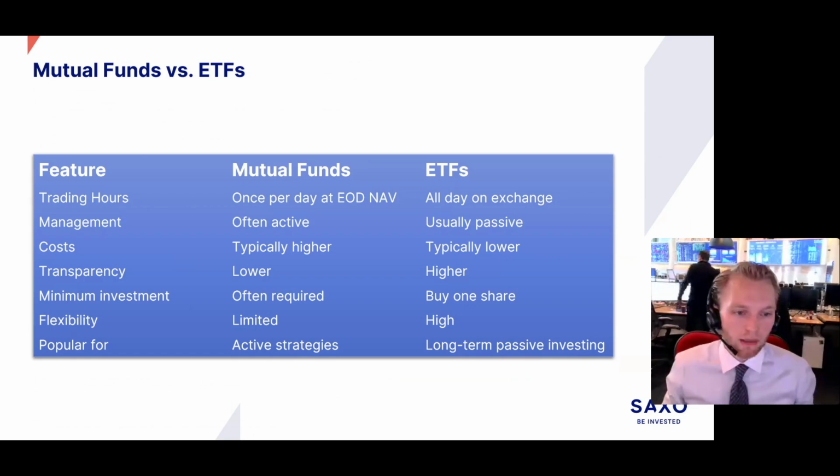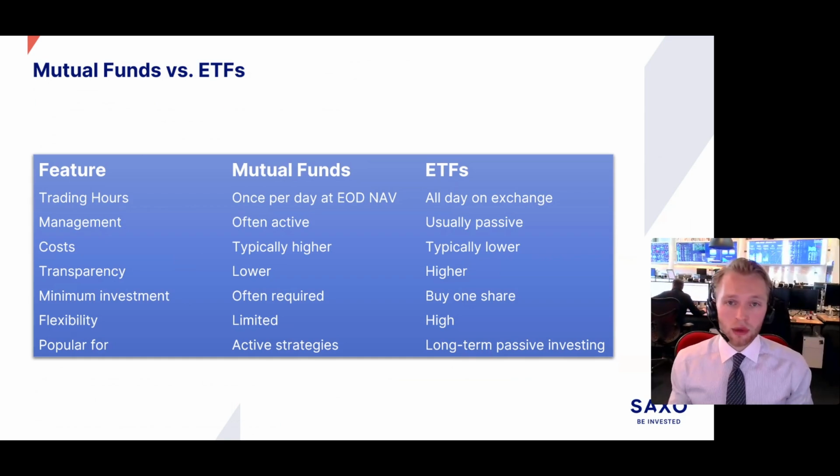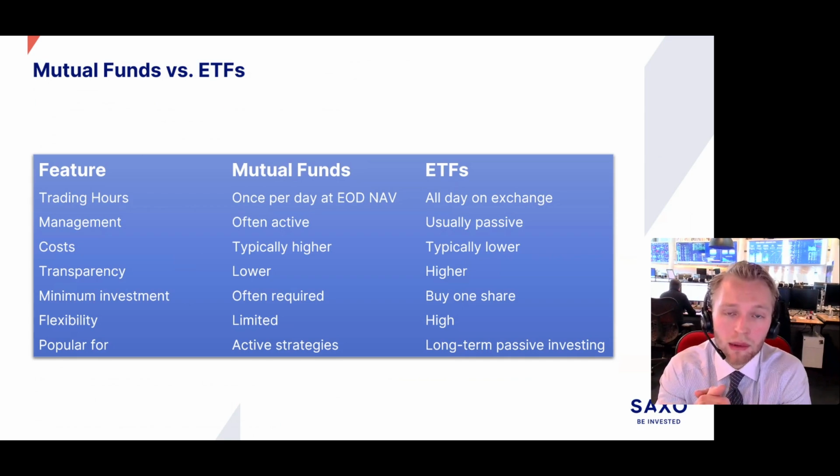And also in terms of the minimum investment for an ETF, if an ETF is traded at 100 euros, then that's the minimum investment to buy one. Whereas mutual funds might have some criteria for the minimum investments, and I've seen some even having minimum investments of up to 100k euros.